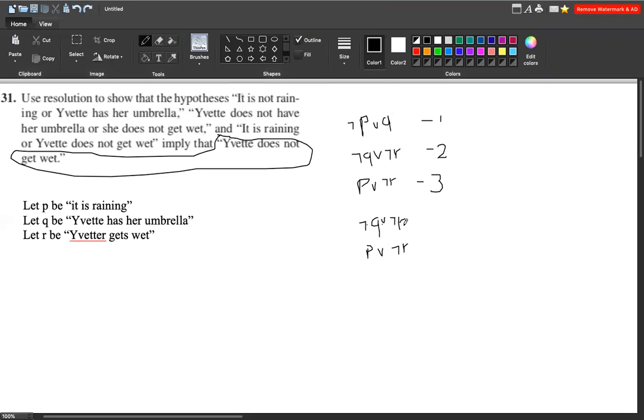So on 1 and 2, let's apply the rule of resolution.